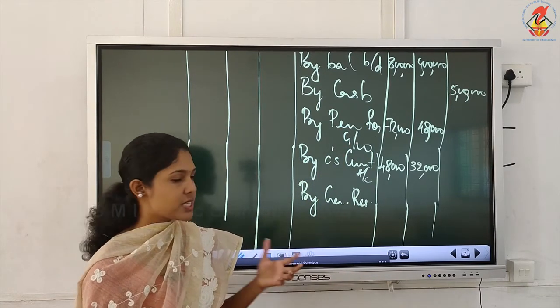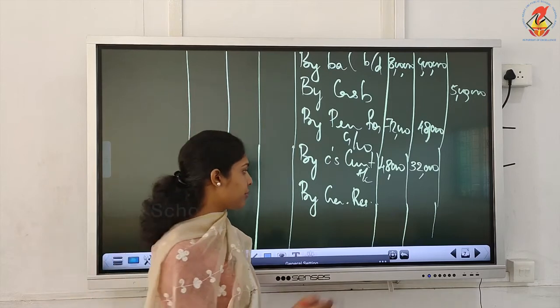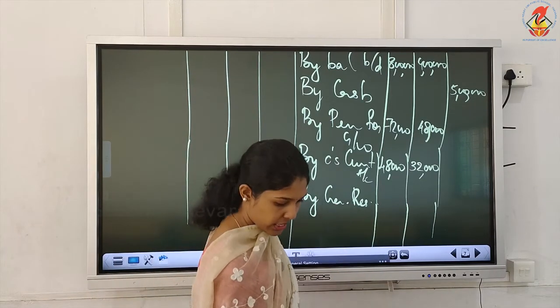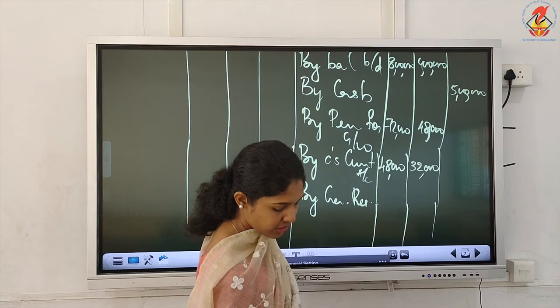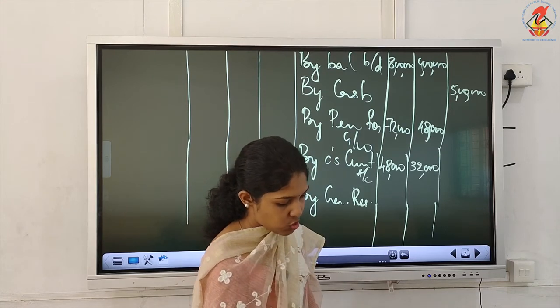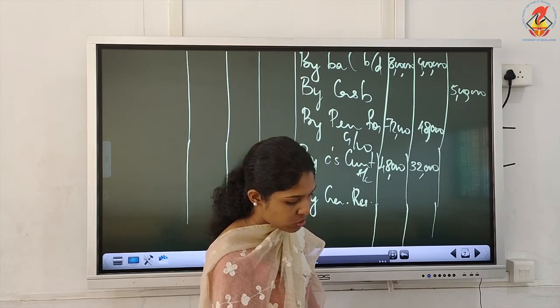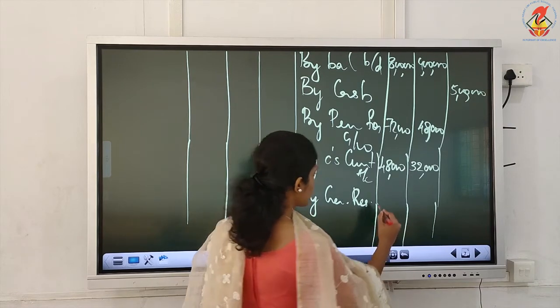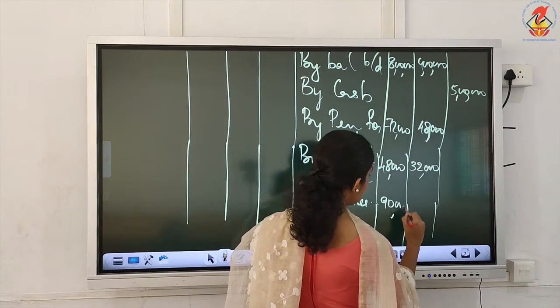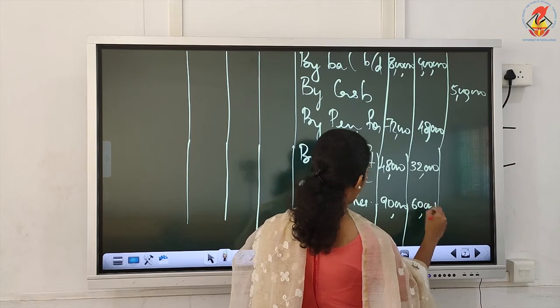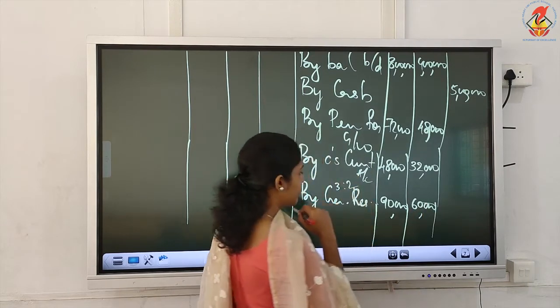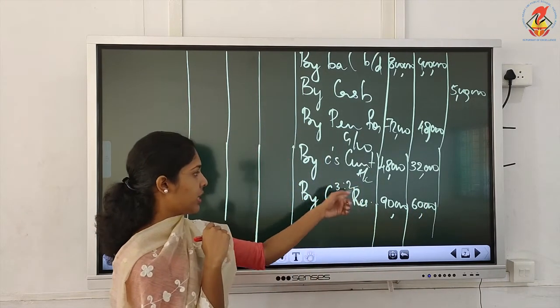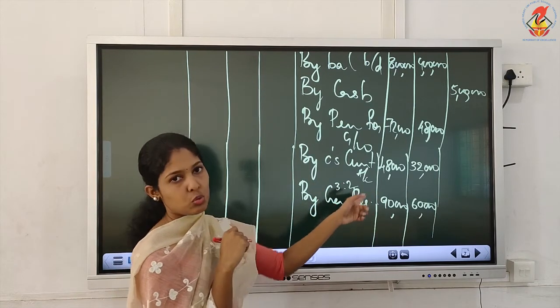Understood? Write entries very correctly, very carefully. By general reserve, the amount is 1,50,000 and you must distribute it in the ratio 3:2. So it will be 90,000 and 60,000 in the old ratio. You have to divide that 1,50,000 into 3 by 5, and again 1,50,000 into 2 by 5.